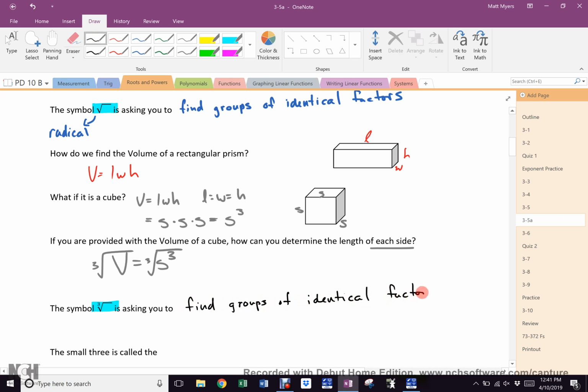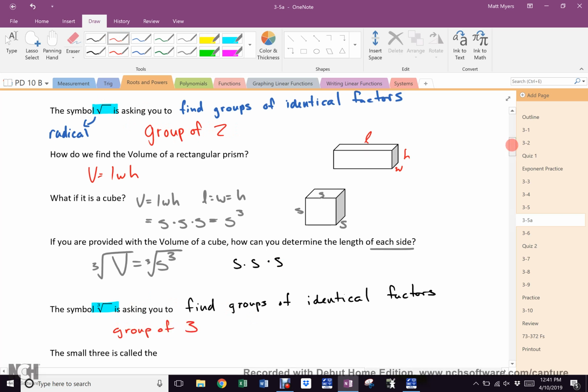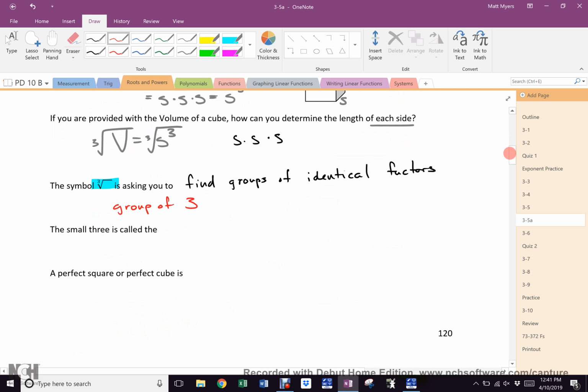And those identical factors in this case, S times S times S, right? This one is asking us to find how big a group? This one up here, 2. This one up here is looking for a group of 3. So the symbol doesn't change, but that little number does.